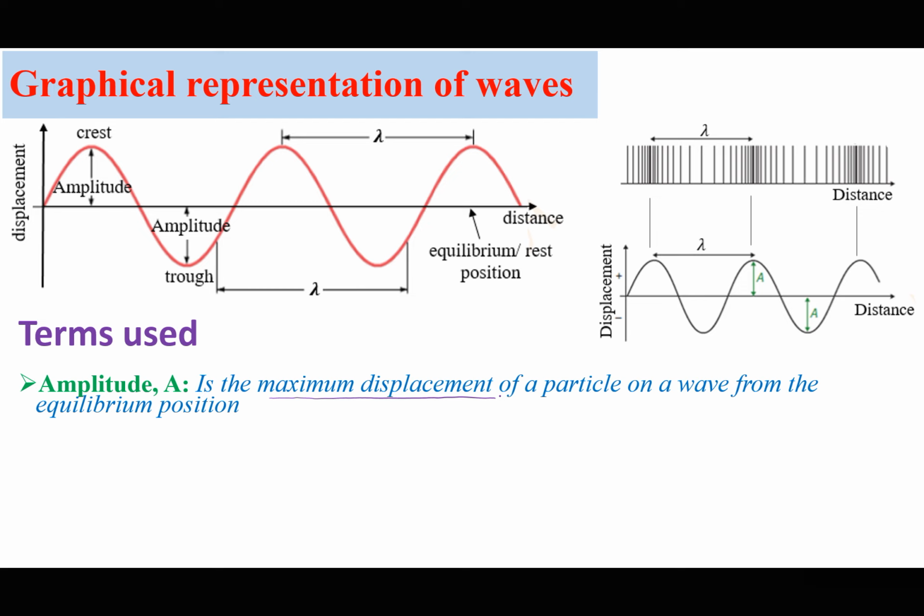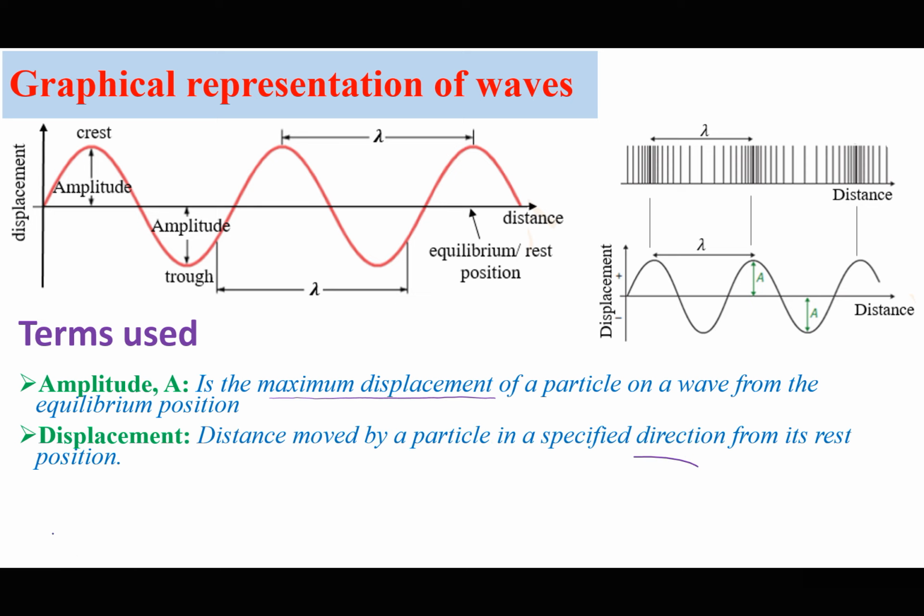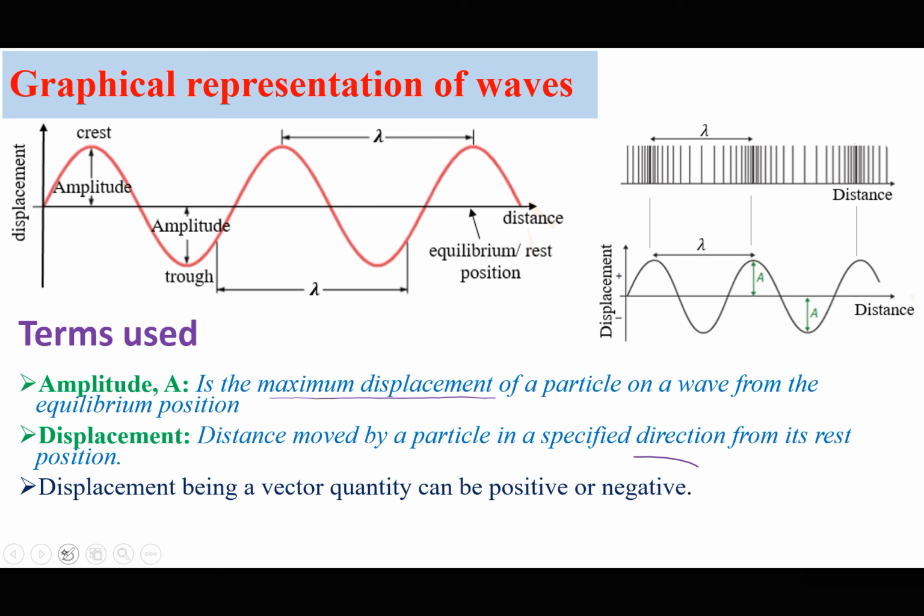Remember, displacement is a vector quantity and therefore it is measured in a specified direction. So the displacement is the distance moved by a particle in a specified direction from its rest position. And being a vector quantity, it can be either positive or negative.